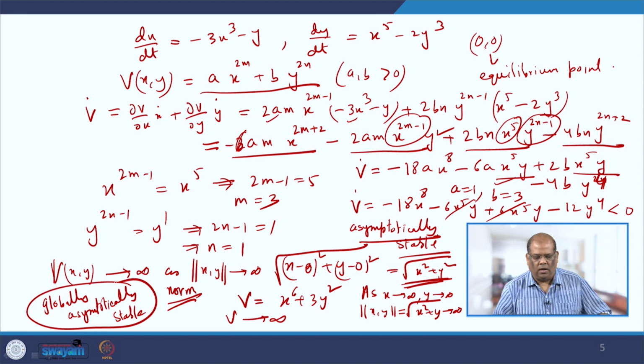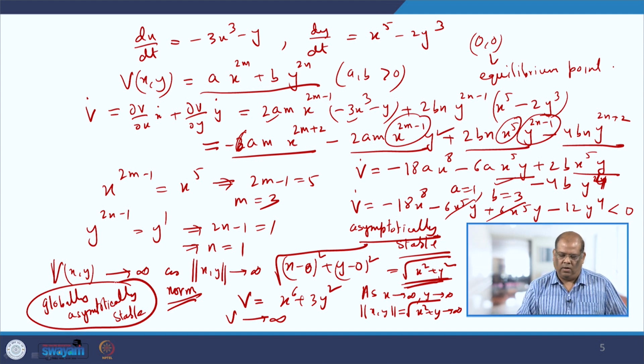So, this is another technique of finding this expression for the Lyapunov function, but it works only in certain sets of problems where the right hand sides are higher powers of polynomials.